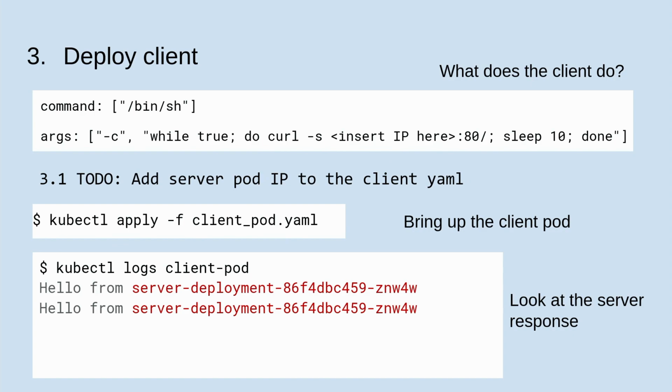When you create a service, the service itself will select. So -o wide gives you 2 IPs, right? Just pick one of them, this is the simple one. Just pick one of the IPs, and in the client pod, you need to insert that IP there.